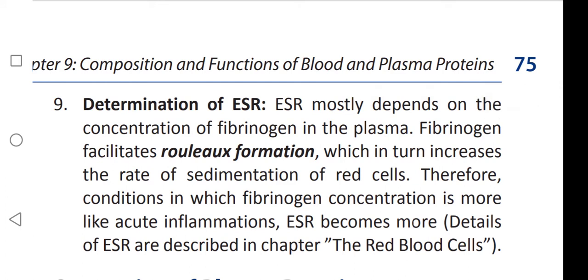Fibrinogen facilitates rouleaux formation, which in turn increases the rate of sedimentation of red cells. Therefore, in conditions in which fibrinogen concentration is more, like acute inflammations, ESR becomes more.